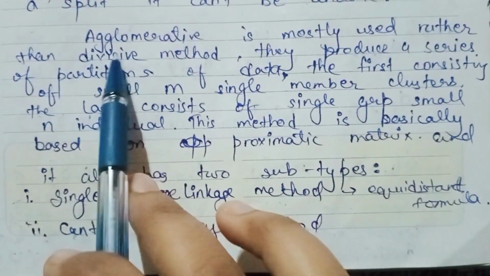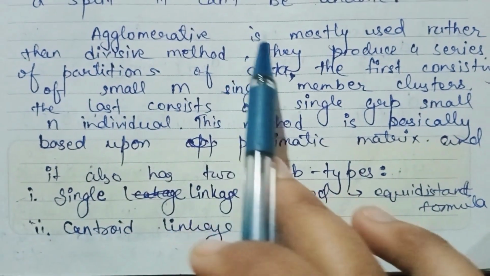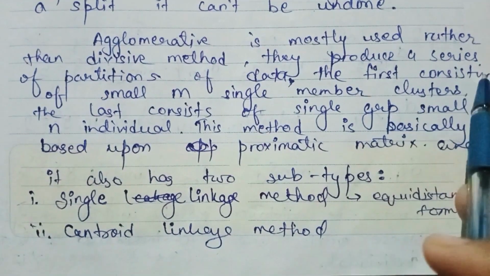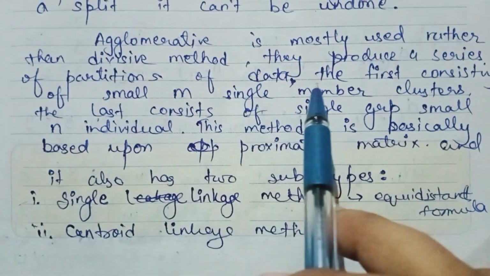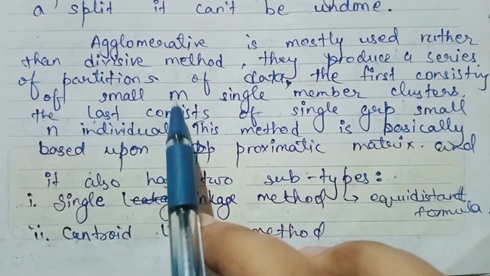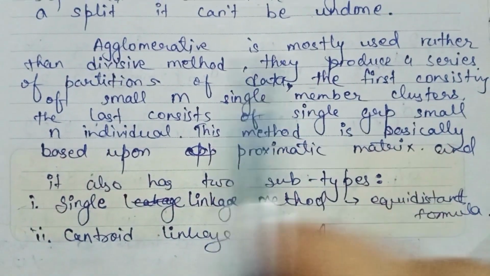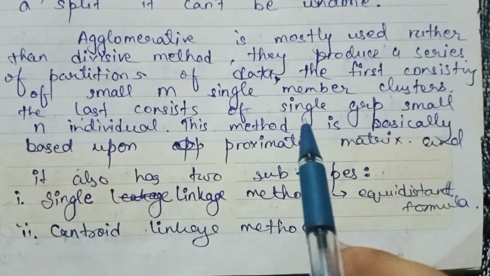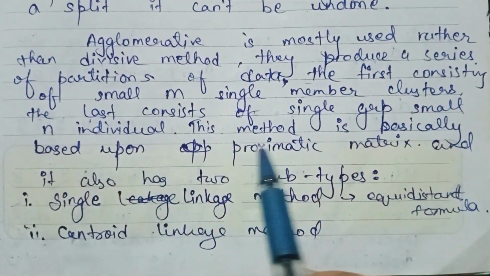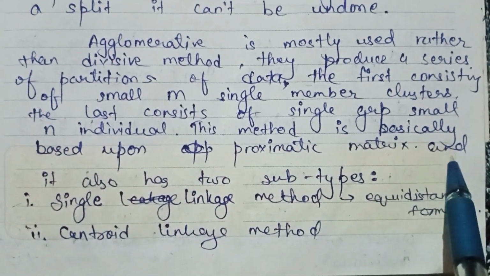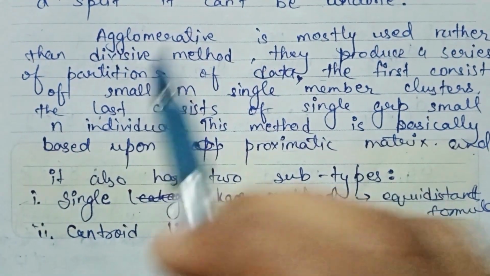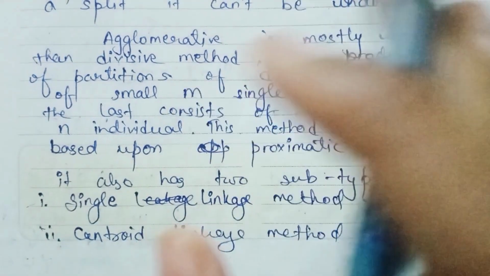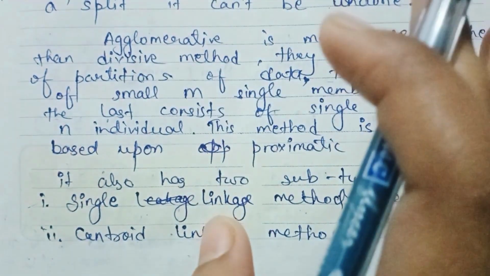The reason is that the agglomerative method is mostly used rather than the divisive method, because it produces a series of partitions of data, the first consisting of m single-member clusters, the last consisting of a single group of n individuals. This method is basically based upon the proximity matrix. Or we can also say that in the agglomerative method we start by computing distances among m objects.